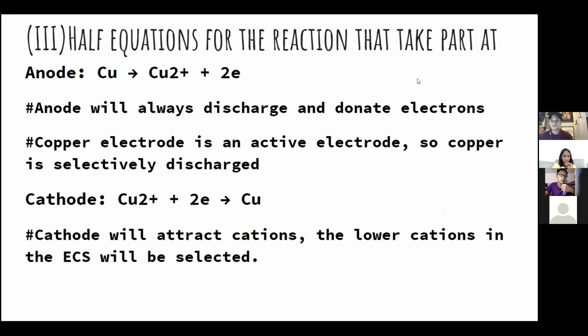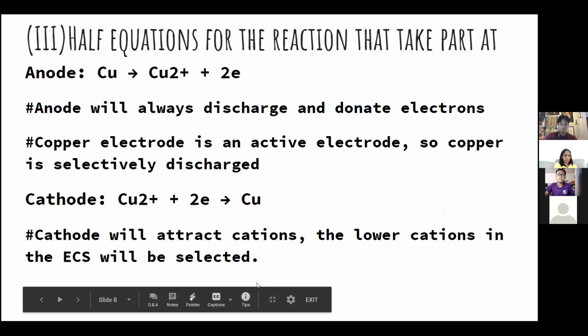The anode will discharge and donate electrons. Since the teacher says the anode is the copper electrode, copper will discharge into copper 2 ion, and it donates 2 electrons. And the cathode will receive. In the solution there are Cu2+ ions, and solution X will have another cation, which is hydrogen ion.